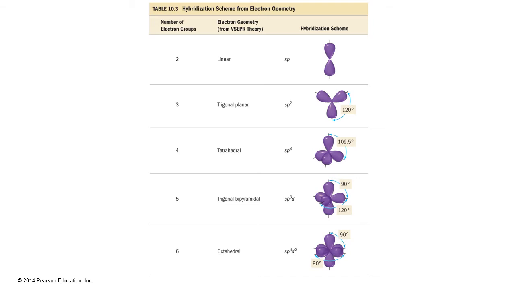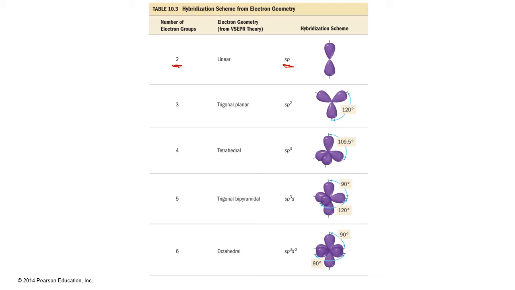So let's look at the different hybridizations. If we have 2 electron groups around the center atom, we're going to need 2 orbitals to mix, which is sp hybridization. This gives us a linear electron geometry with 180 degrees between our bonds.